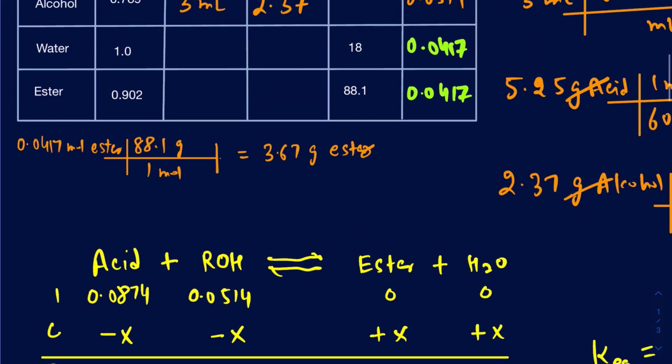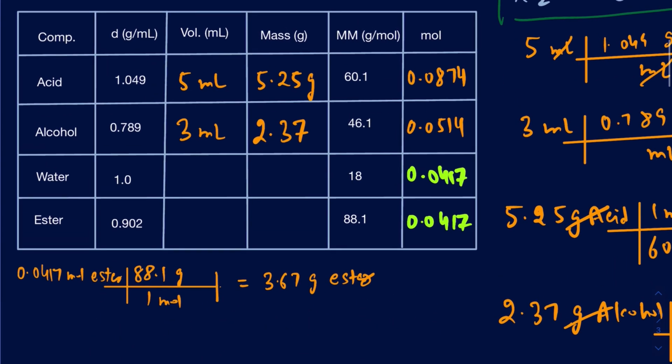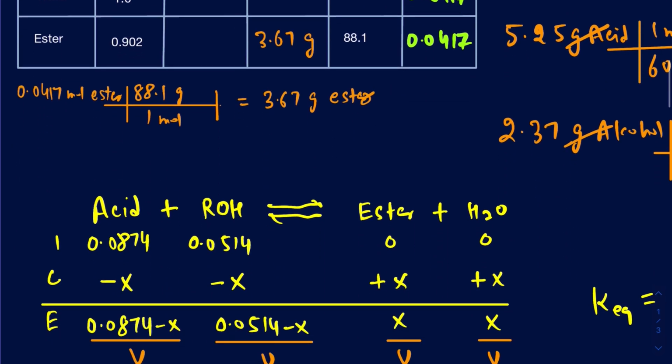Now let's go back here and plug that in. So that's 3.67 grams here. And I can go ahead and fill out the volume of ester. That's how much ester we are theoretically supposed to make.